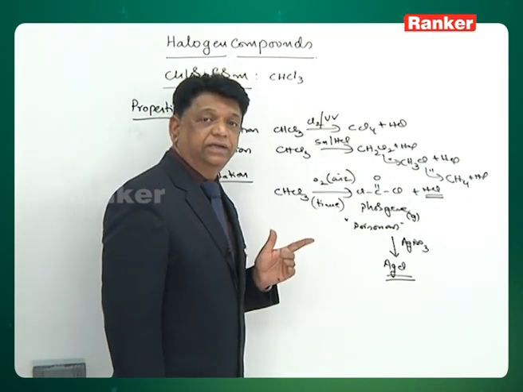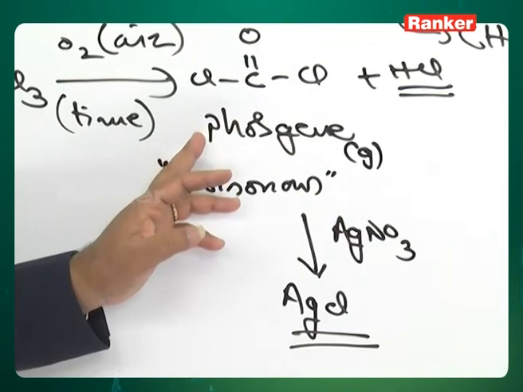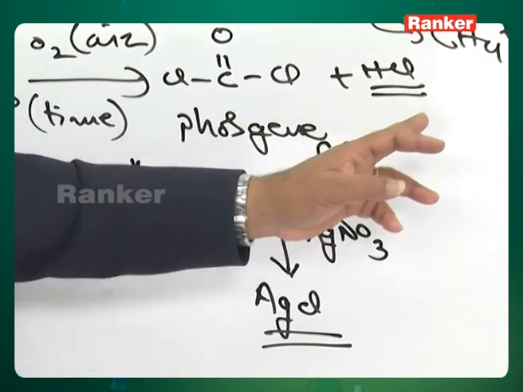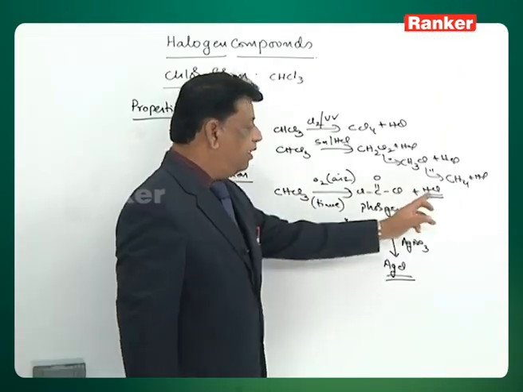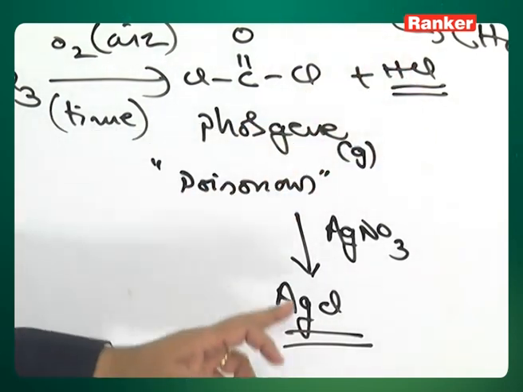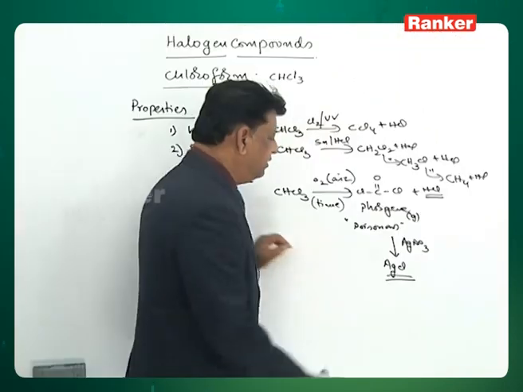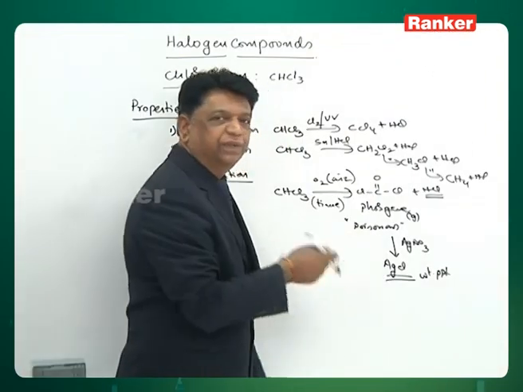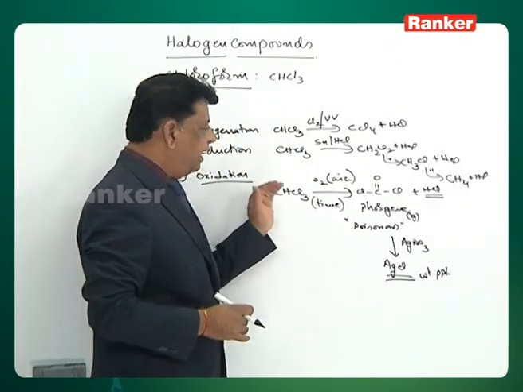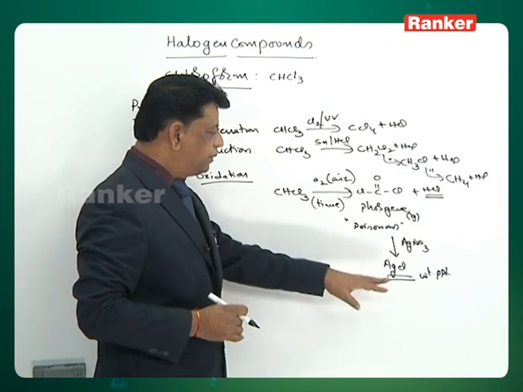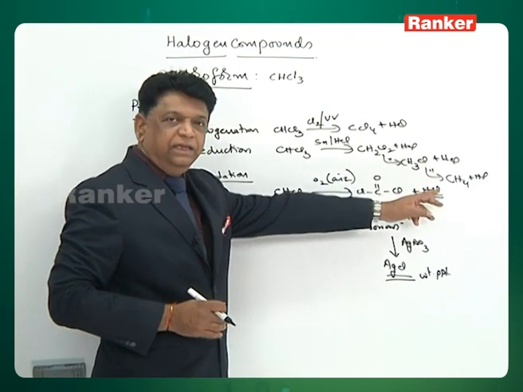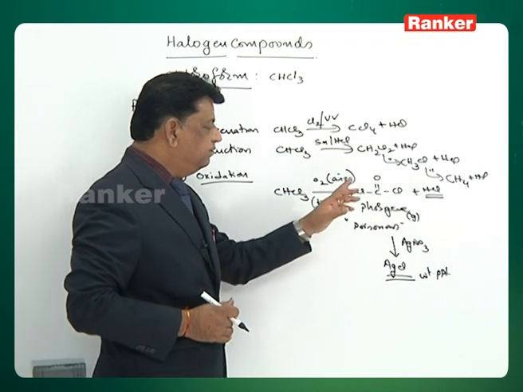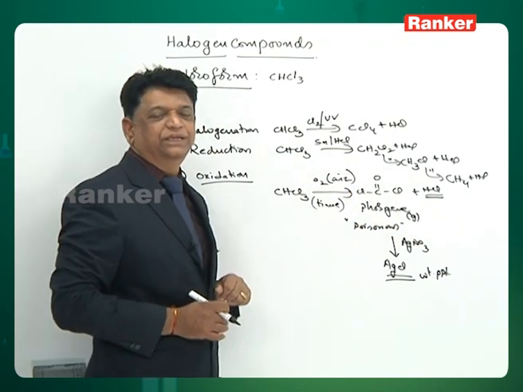It is an indirect test. When phosgene is formed, definitely HCl will be formed. It's a byproduct. When HCl is there giving a white precipitate, that means phosgene also will be there. So you take the chloroform, add some silver nitrate, a white precipitate means the Cl is present, that is HCl is present, so indirectly phosgene is also present, isn't it?